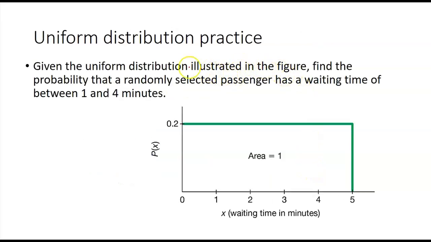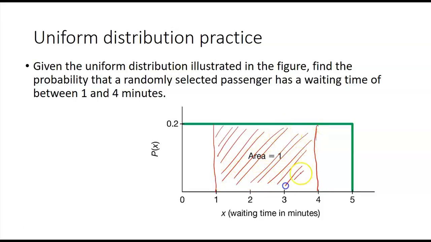Okay, so here's another one. Given the uniform distribution illustrated in the figure, find the probability that a randomly selected passenger has a waiting time of between 1 and 4 minutes. Okay, so we're going to look at from 1 to 4, and again, forgive me for not being able to draw my straight lines. So this is the area that we're looking at this time. So again, I need to figure out the area of that shaded region.